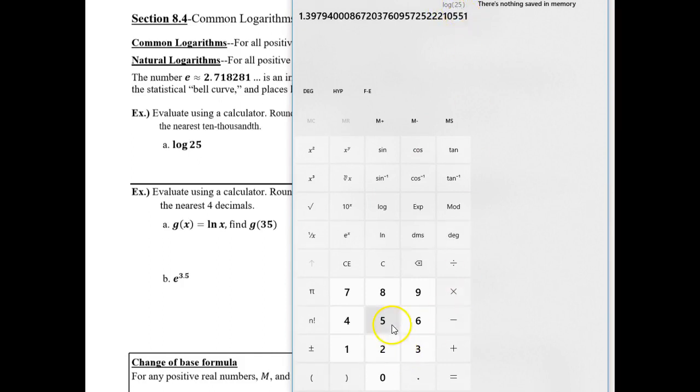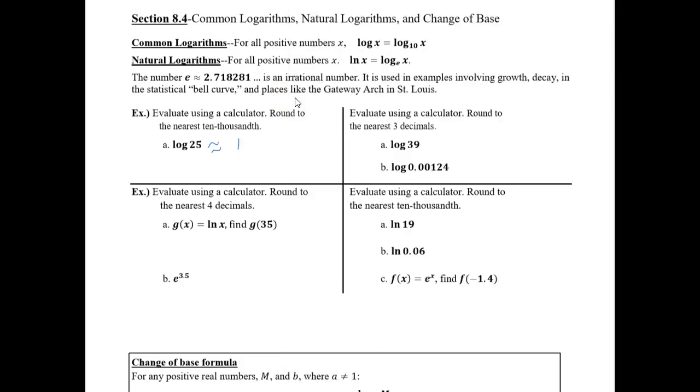Some calculators you hit the log and then the 25 and then equals. Now I'm going to round it to the nearest 10,000th place. So tenths, hundredths, thousandths, 10,000th. Look to the right, that's a 4. The 4 says leave that 9 alone. So this is approximately 1.3979.